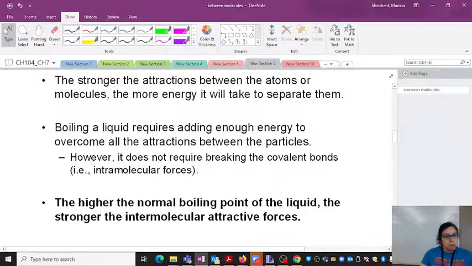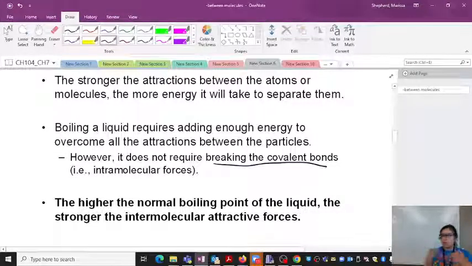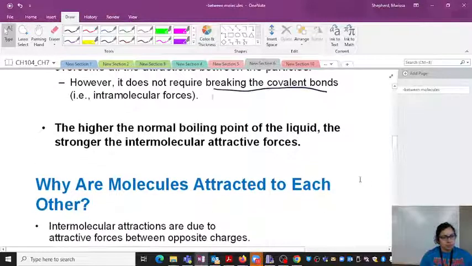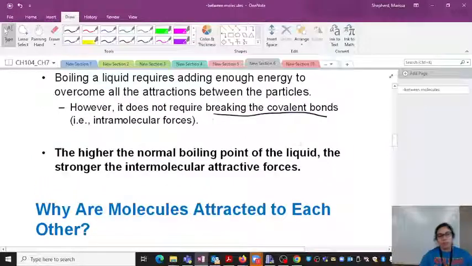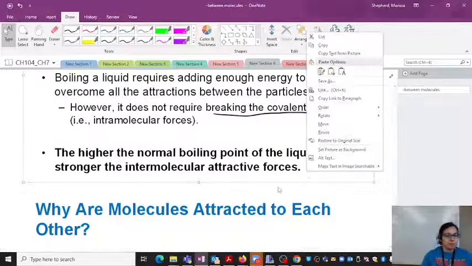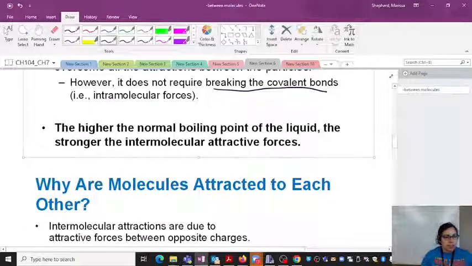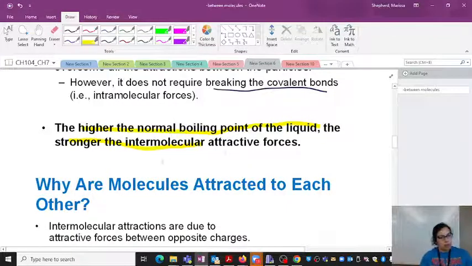When we boil a liquid, we have to add enough energy to overcome those attractions between the particles. Again, we're not breaking any bonds, we're just disrupting those intermolecular forces. It would take more energy to break a covalent bond. And so again, the higher the boiling point of a liquid, the stronger the intermolecular attractive forces.